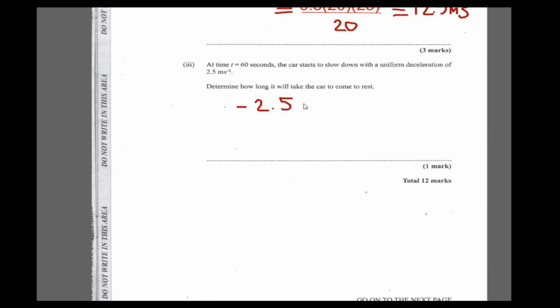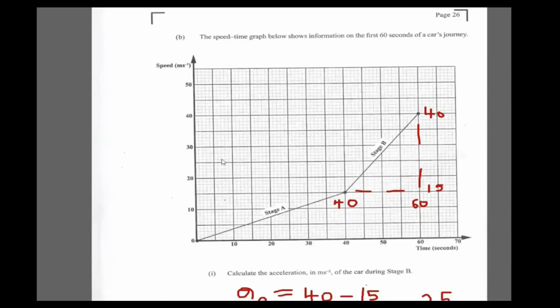So remember, acceleration is equal to v minus u over t. The initial velocity the car is coming down from is 40 meters per second.